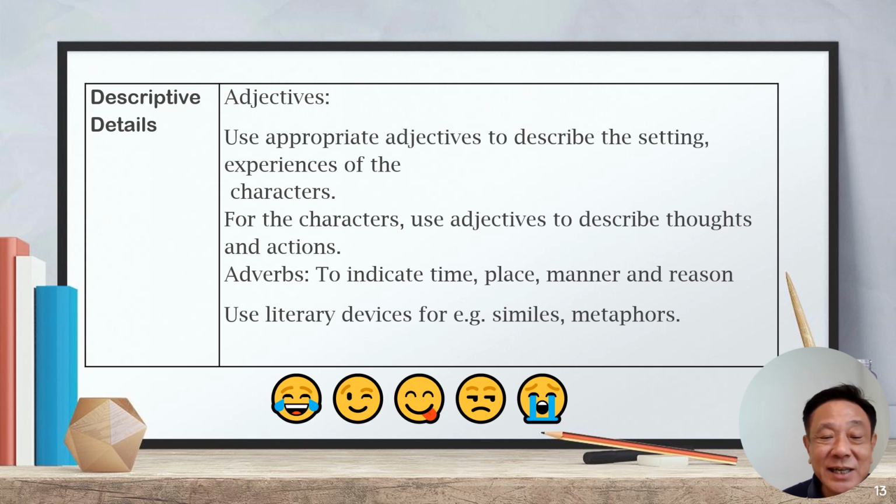So as mentioned earlier, use appropriate adjectives to describe the setting and experiences of the characters. All right, describe the thoughts and actions. Show the reader rather than just tell. Okay, it'd be good also if you can use similes, metaphors, literary devices, as well as adverbs to indicate time, place, manner, and also the reason.